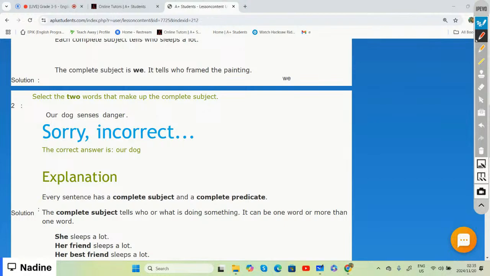And if we were to select the two words that make up the complete subject, then it is "our dog." So our dog, and that is our subject.